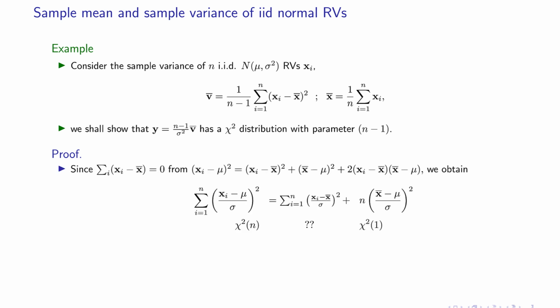The proof is very easy. What you can write is that the sum of the deviations will become 0. So xi minus mu, you can easily write it like that, because here you could add a minus x bar and then plus x bar, and then consider these two together, and these two together.